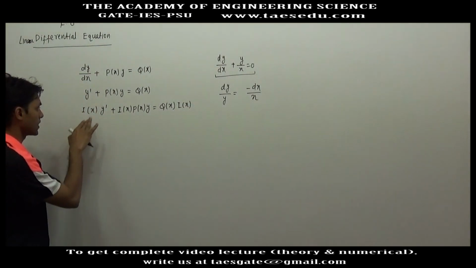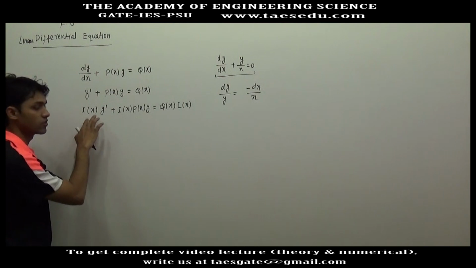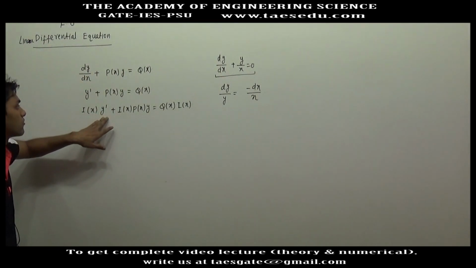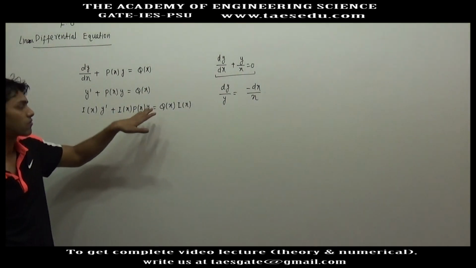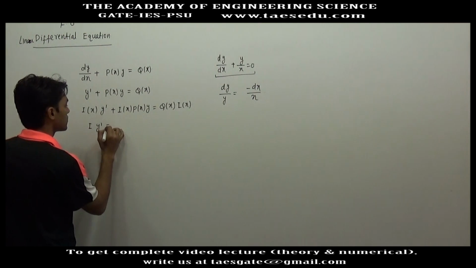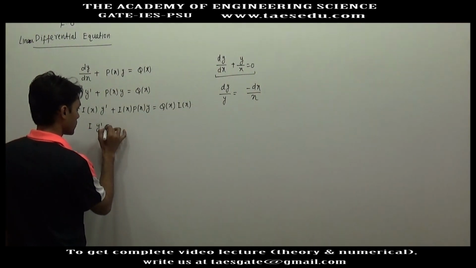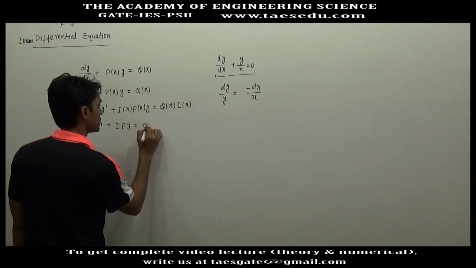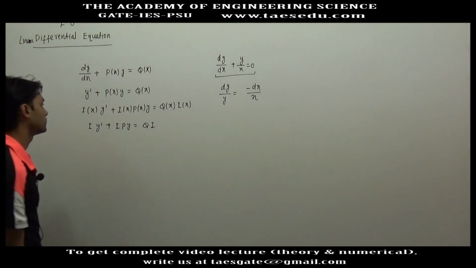Now just for writing, I will drop this x term. We already know that I is a function of x, even y is also a function of x, p and q all are functions of x. So I will write it as y dash plus I into p into y is equal to q into I.